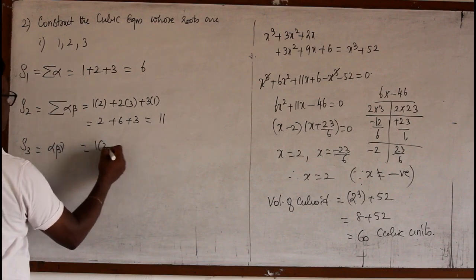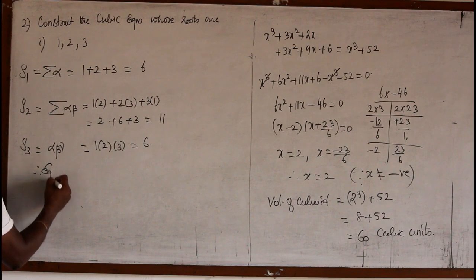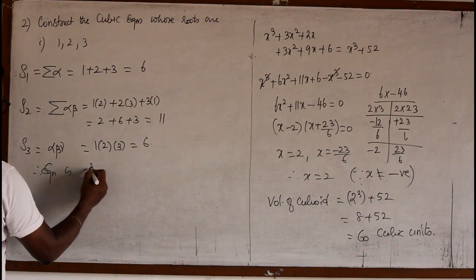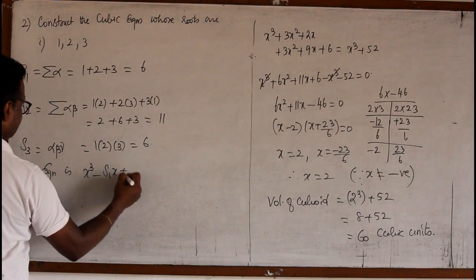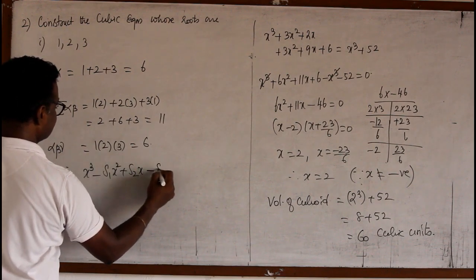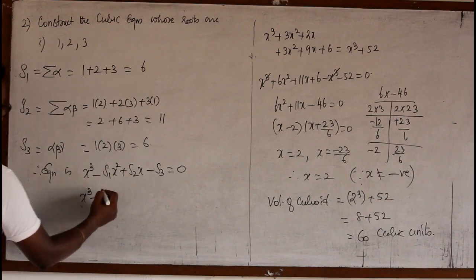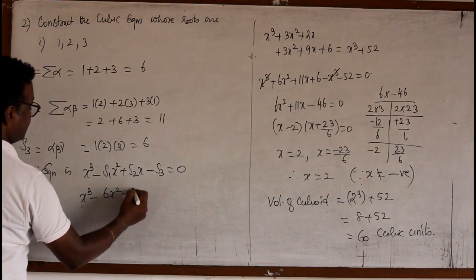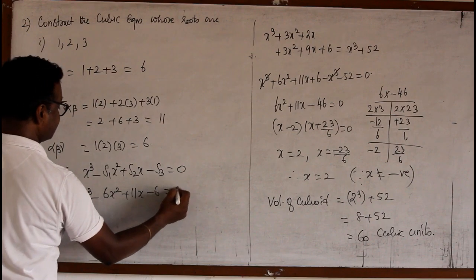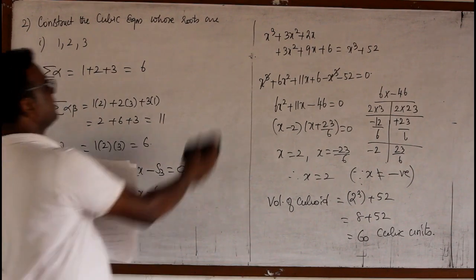It is 1 into 2 into 3, that is also 6. Therefore, the equation is x cube minus S1 x square plus S2 x minus S3 equal to 0. It is x cube minus 6x square plus 11x minus 6 equal to 0. That is the first equation.